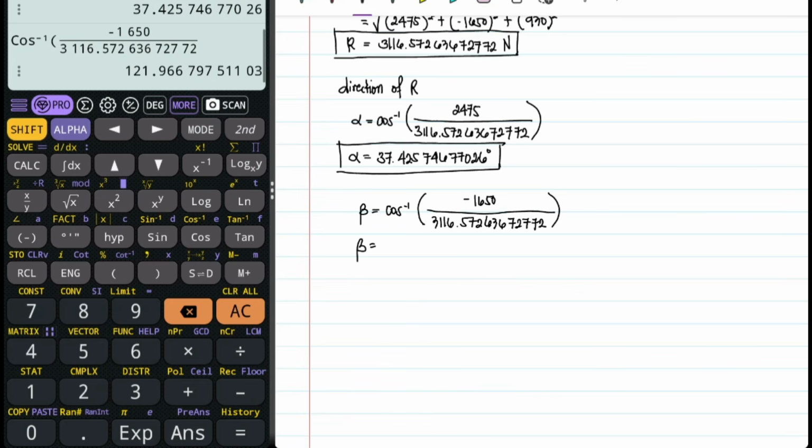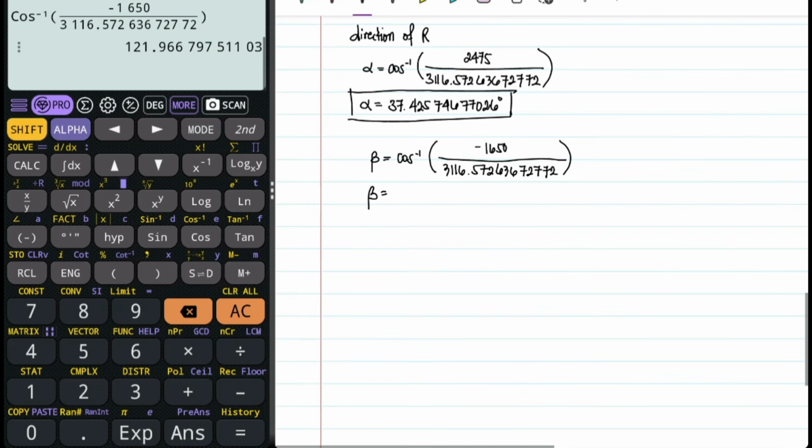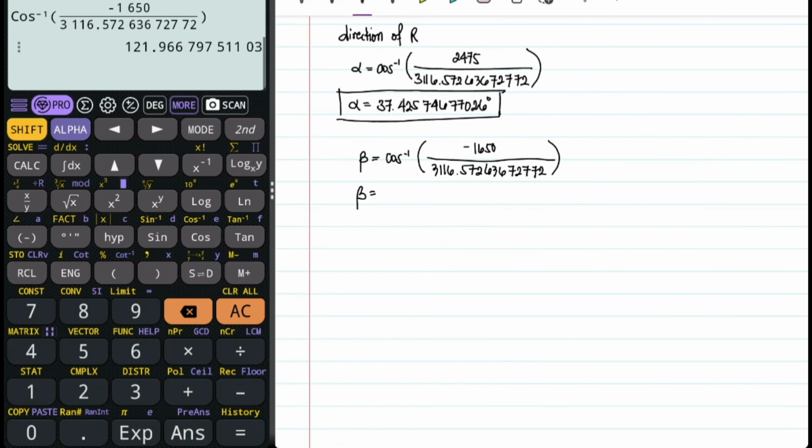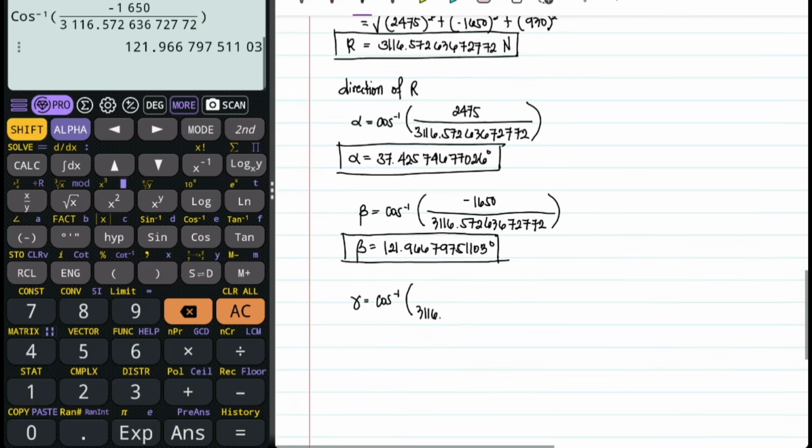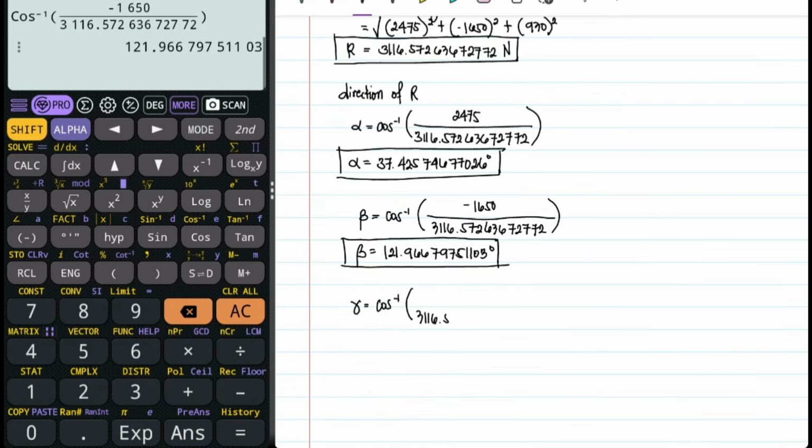And since we have a negative value for the y component of the resultant, we can expect that the angle would be greater than 90 degrees. So beta is equal to 121.96679751103 degrees.